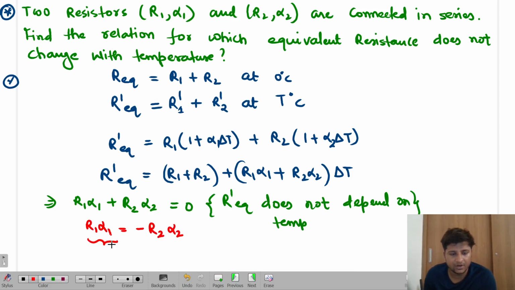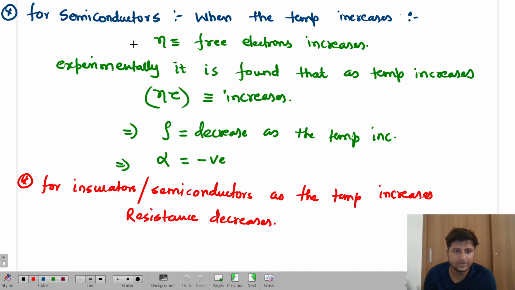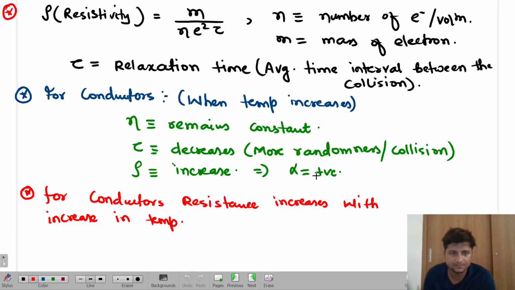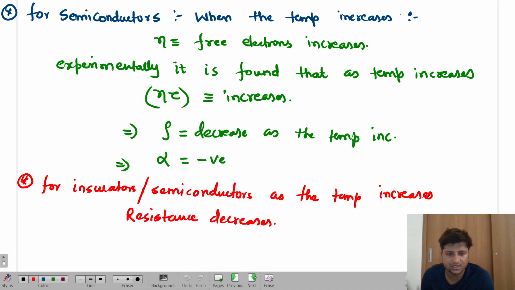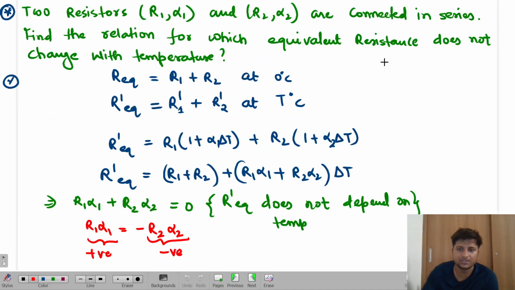So that means for one material I need a positive alpha, and for another material I require a negative. Positive is for conductors, negative is for semiconductors. So the answer is very very simple.